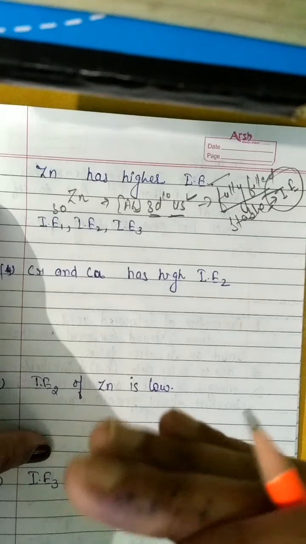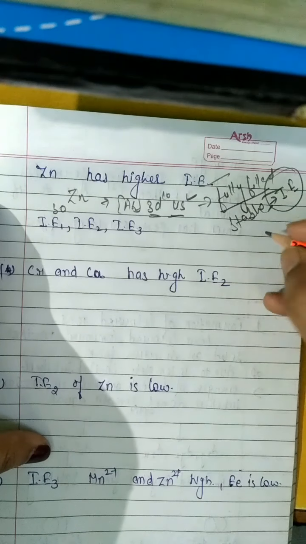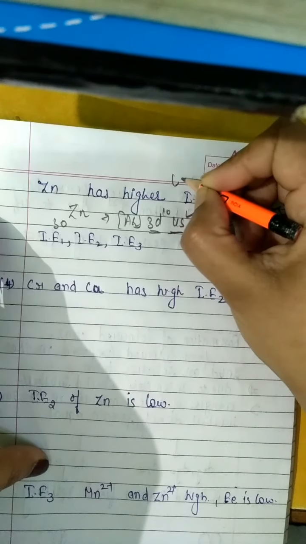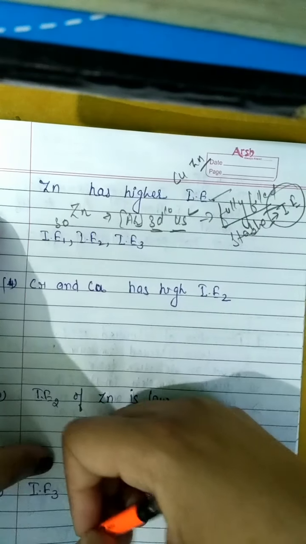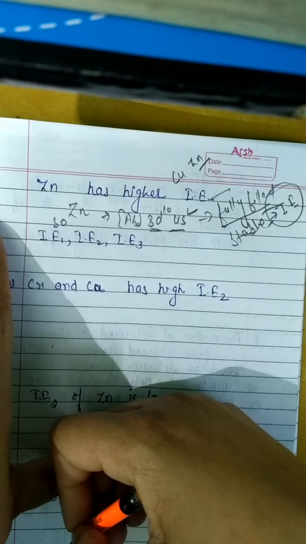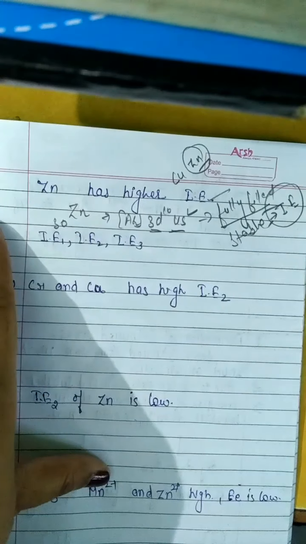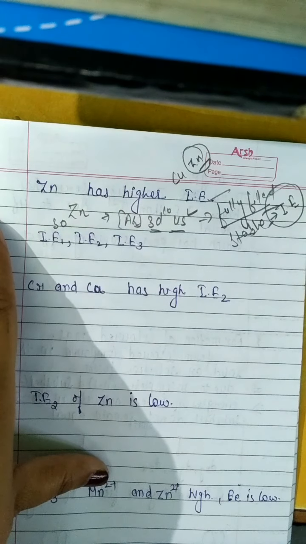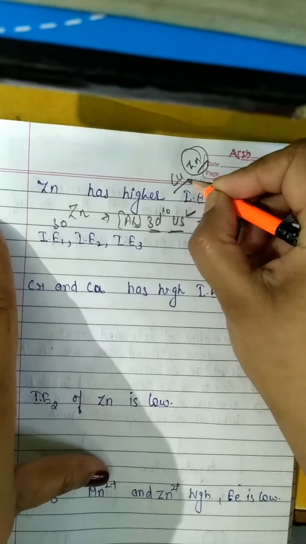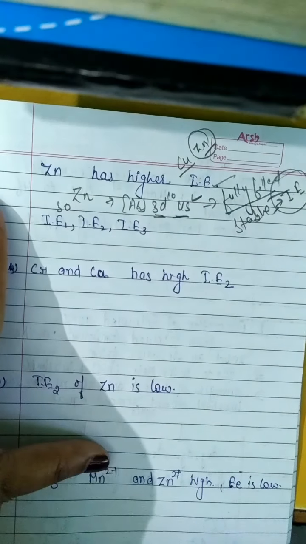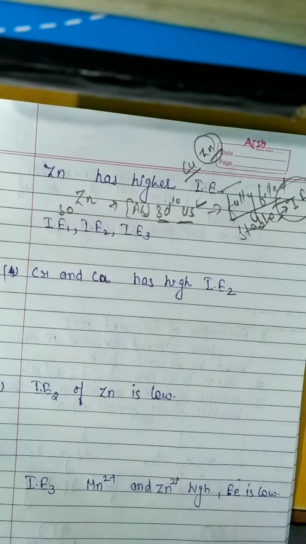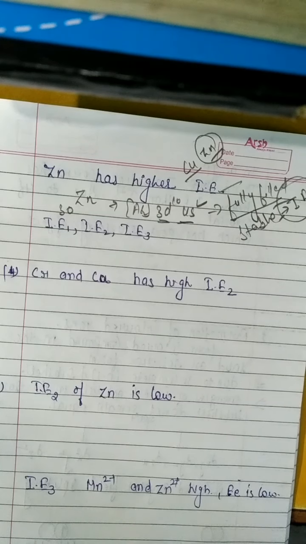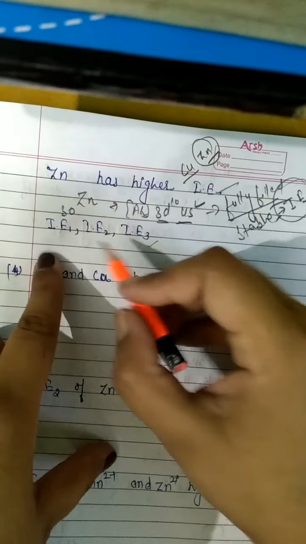This is not regular. Sometimes it increases, sometimes decreases, and after that we are talking about copper and zinc. In the case of zinc, it is more stable as compared to copper. Next, there is also irregularity shown in the first ionization enthalpy, second ionization enthalpy, and the third ionization enthalpy.